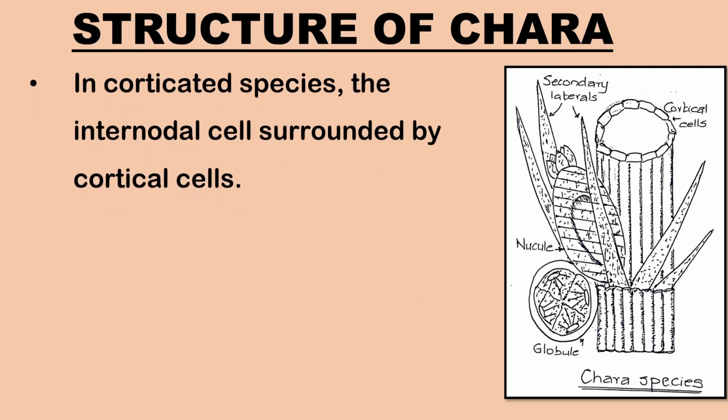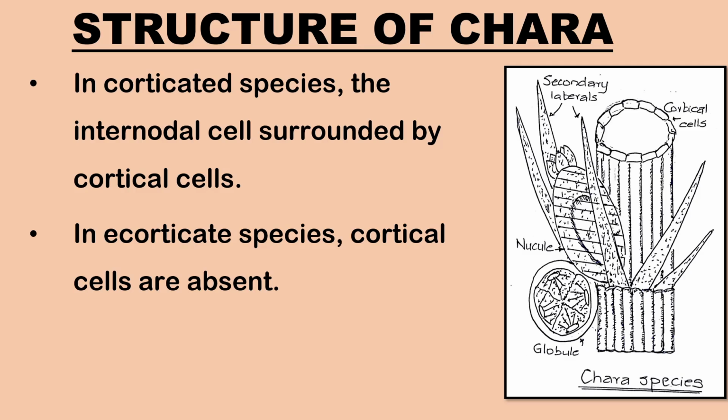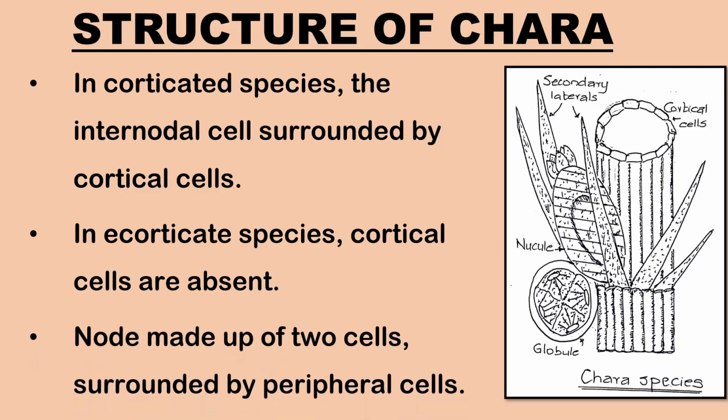In corticated species, the internodal cell of the main axis is surrounded by vertically elongated, narrow cortical cells which originate from the node. In ecorticate species, the cortical cells are absent. In Chara, the node is made up of two cells and is surrounded by a few peripheral cells.